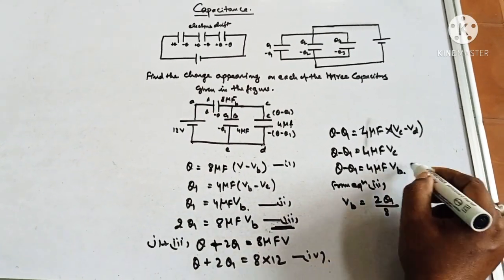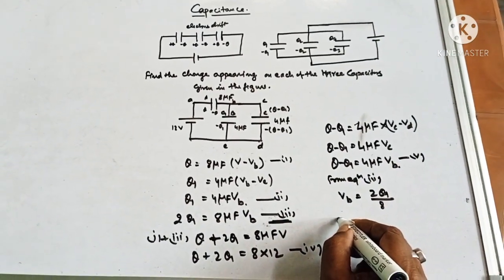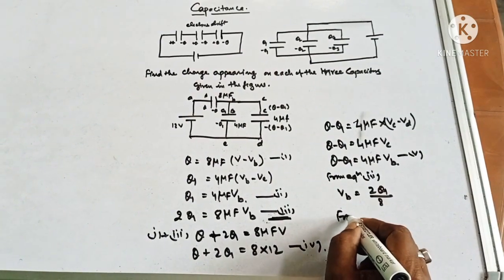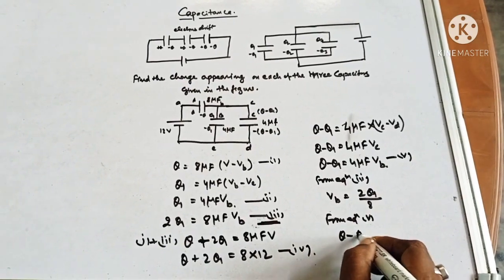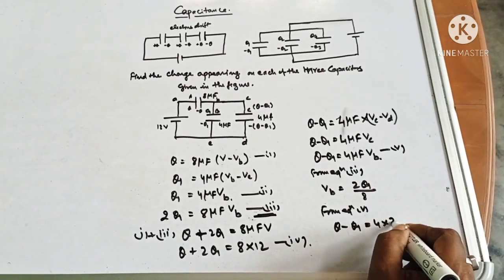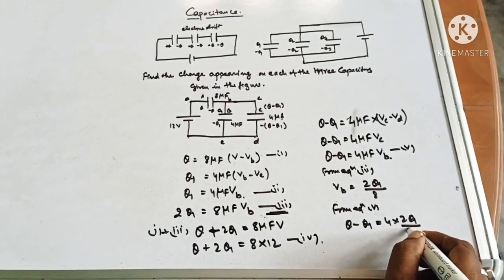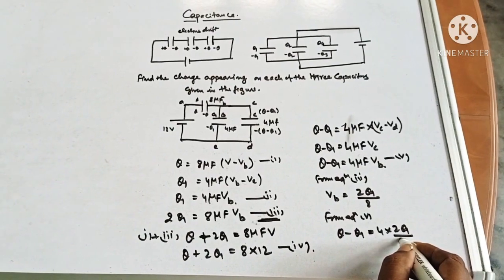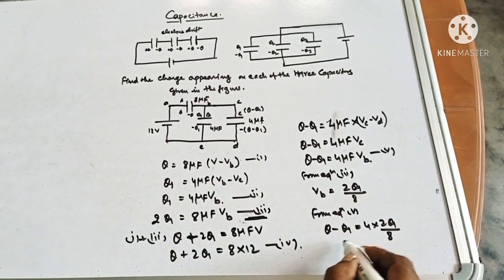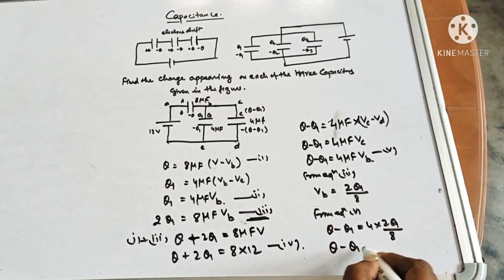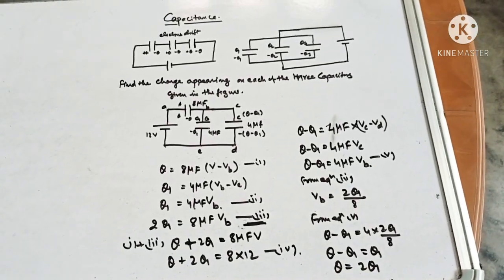Now when I put this value in equation 5, Q minus Q1 is equal to 4 into 2Q1 by 8. 2Q1 by 8, 8 means 8, so Q minus Q1 is equal to Q1, so Q is equal to 2Q1. I get Q is equal to 2Q1.